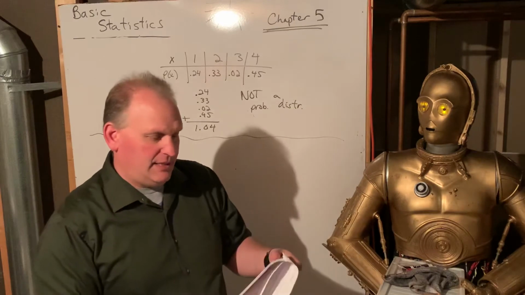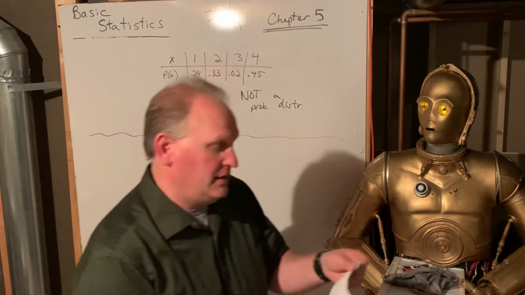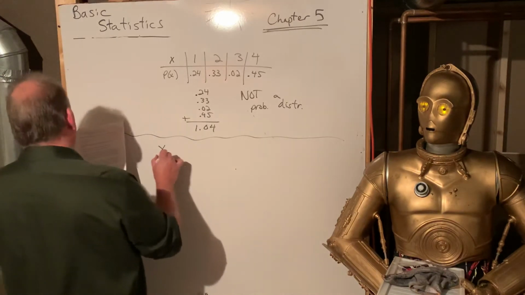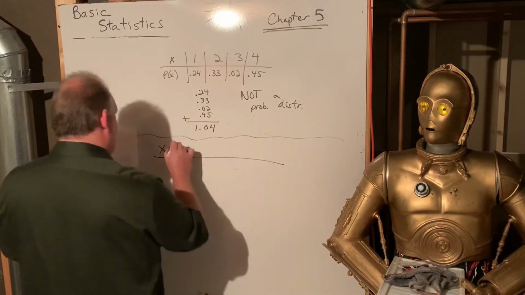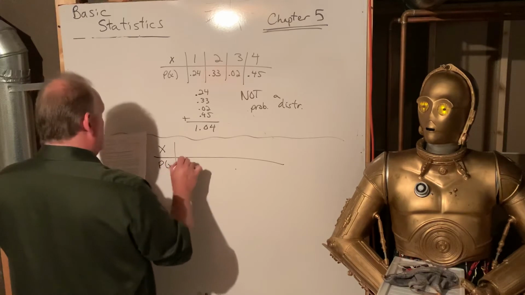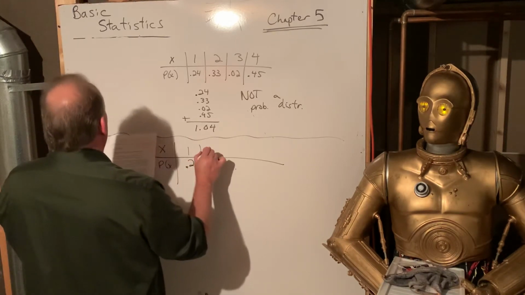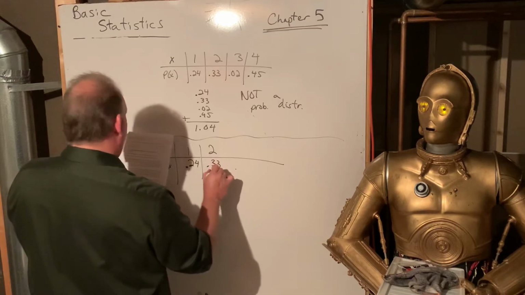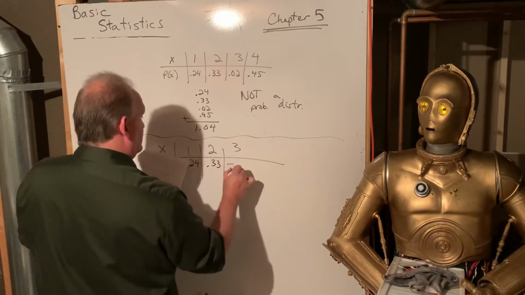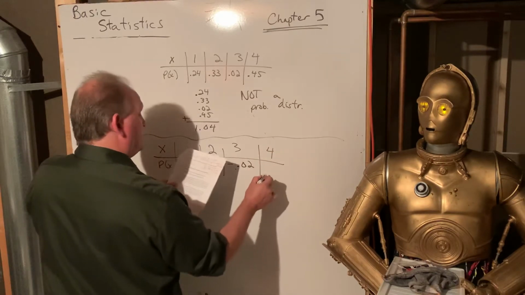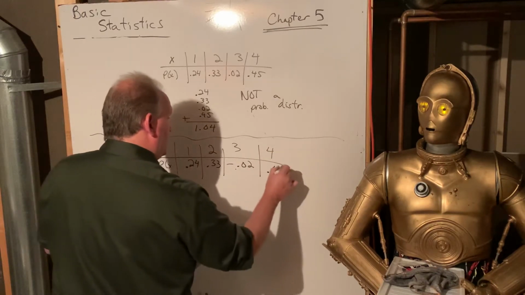Let's look at the next one. This is also an example of not a probability distribution. It looks right on the surface, but if you look really carefully at it, this should be a big old red flag.